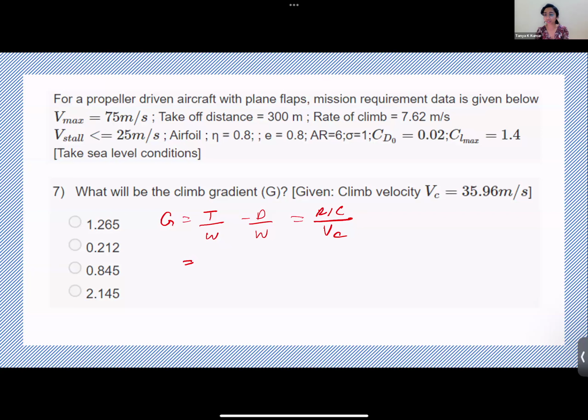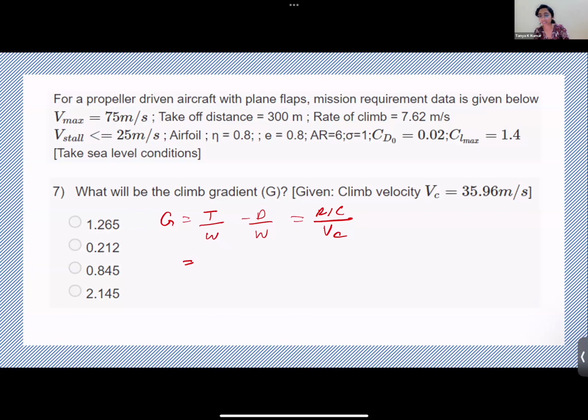Why aren't the others trying? This is a direct formula, right? You can just substitute this and tell me. This was very simple. Can someone else tell me what the values are? What is rate of climb? It's given in the question. Can you just tell me?